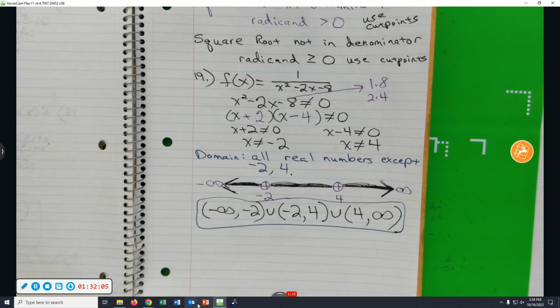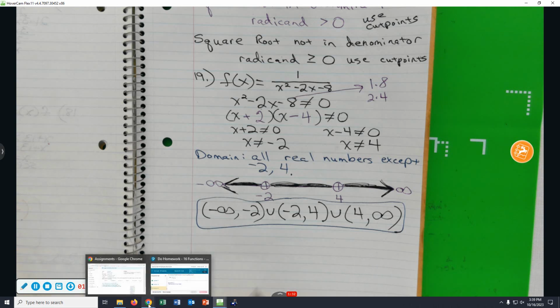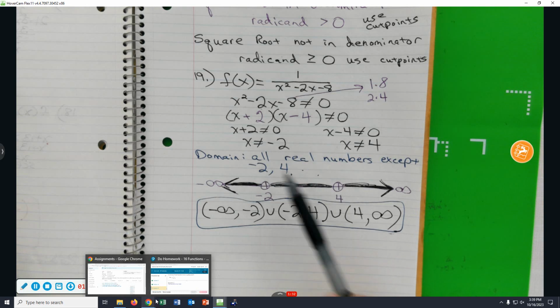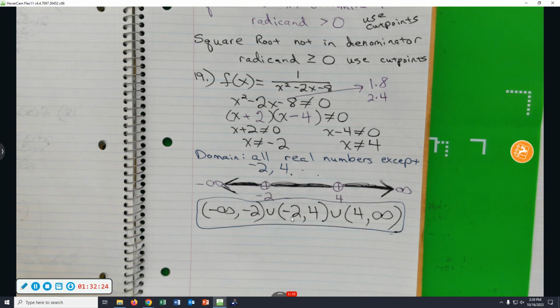Wow, yeah. I do believe that, unfortunately, interval notation has a way of hiding what you're actually trying to say. You're trying to say you can use any number you want to. You can plug in 50 million. The only numbers you can't plug in for X are -2 and +4. My mother's 96, so is yours. She could read all real numbers except -2, 4.